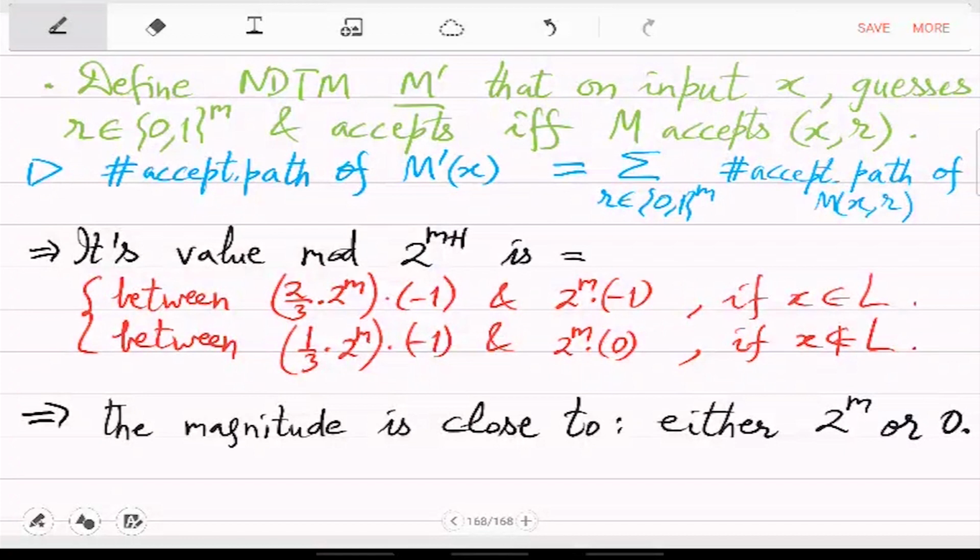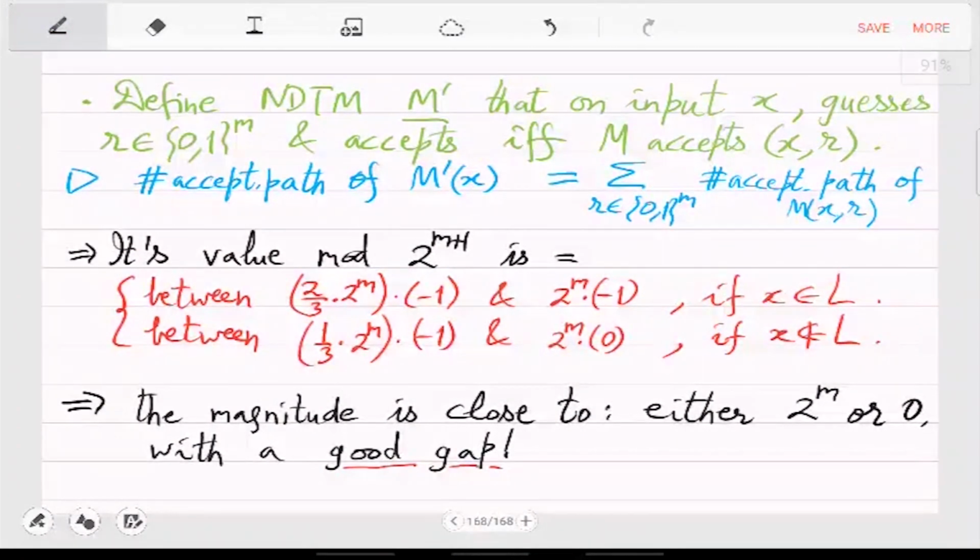If you look at the positive values, you are basically dividing the interval from 0 to 2 raised to m into 3 parts. Either you are in the part closer to 2 raised to m or in the part closer to 0, with a good gap. The gap is defined as given above.